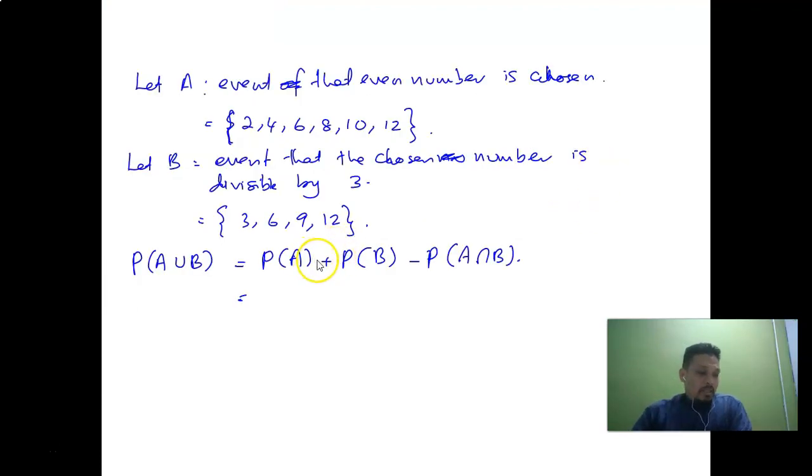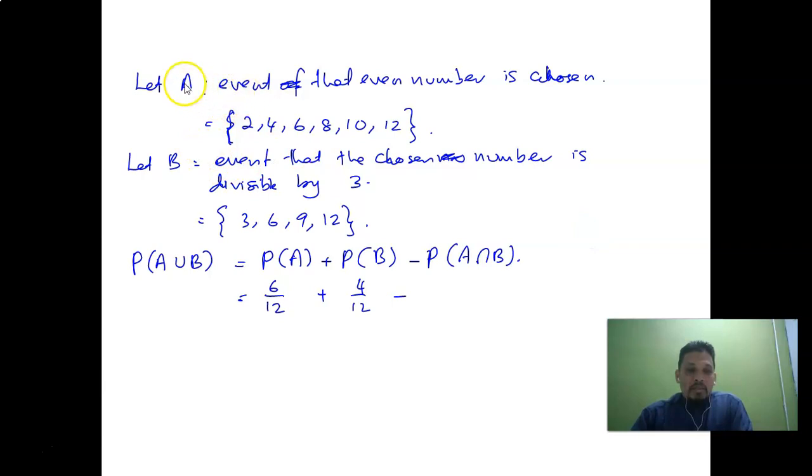Then this gives you 2, 4, 6, so 6 over 12. The probability of B, 3, 6, 9, 12, is 4 over 12.